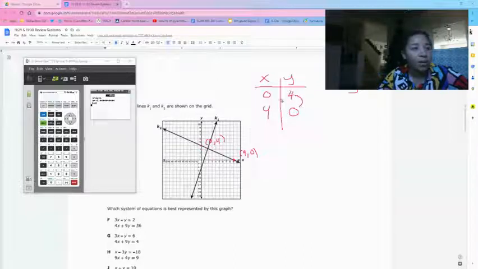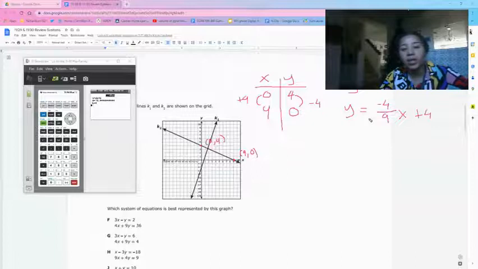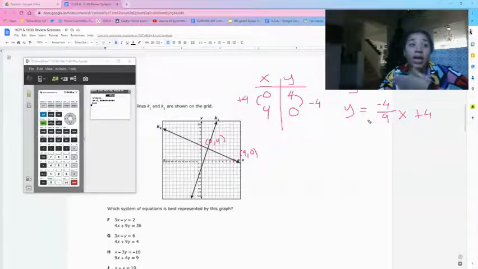You can also do, hey, the delta y over delta x. That's fine. This is going to be minus 4. This is going to be plus 9. And we can also know that this would be negative 4 over 9 x plus 4 equals y. Okay? That is just a way you can do it.